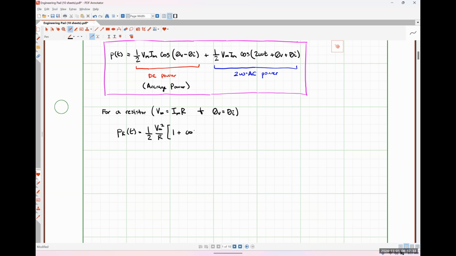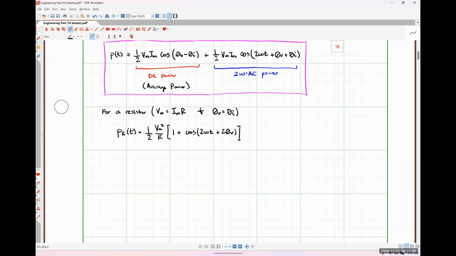So I'll have cosine of twice omega t, and now theta_V plus theta_I could be written as simply twice theta_V. So that's my instantaneous power in terms of only voltage.